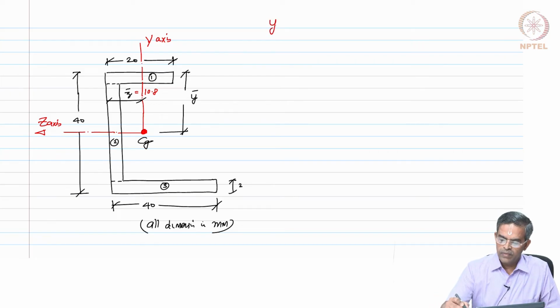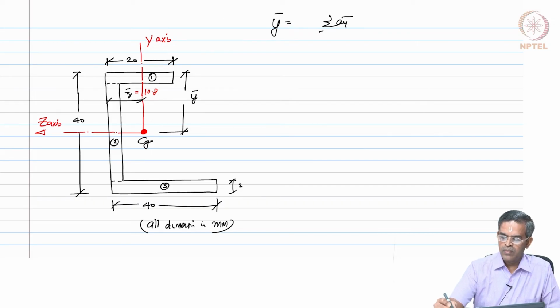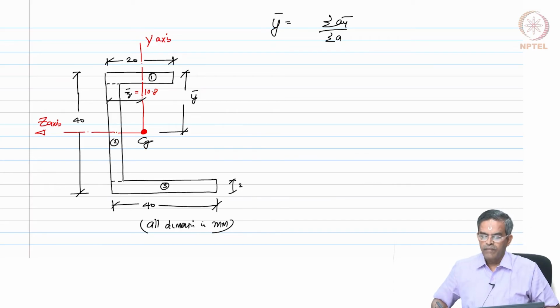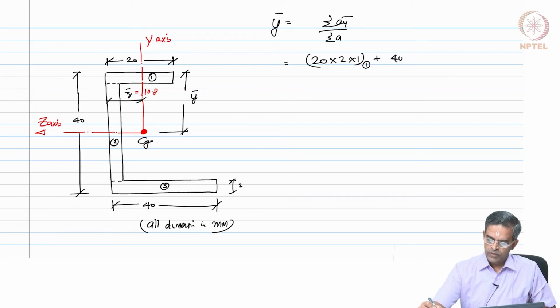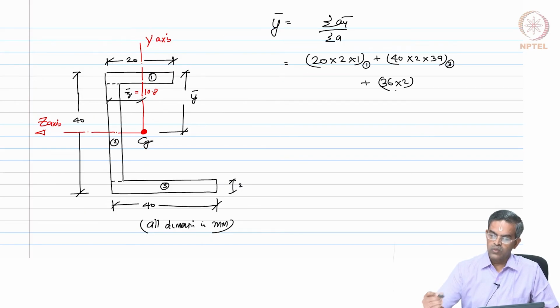Let us find y bar. It will be 20 into 2 into 1, piece number 1, plus 40 into 2 into 39, piece number 3, plus 36 into 2 into 18 plus 2.